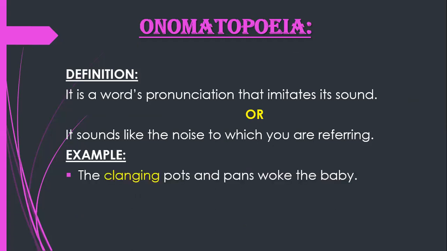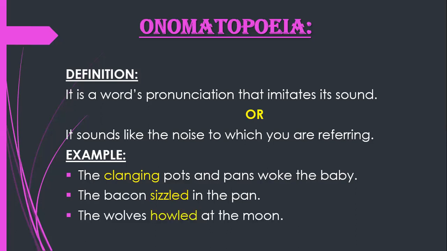For instance, the clanging pots and pans woke the baby. The clanging. So what is this? This is the sound when the pots basically strike together. The bacon sizzled in the pan, a sizzling sound. The wolves howled at the moon.